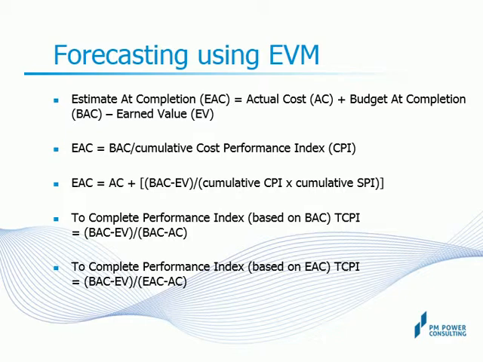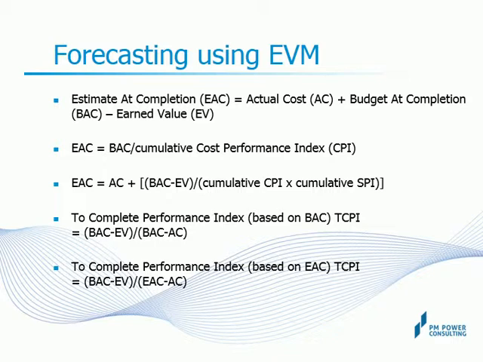Take the first forecasting option. This option implies that whatever has happened, that is actual cost till date, and whatever is the cumulative value of EV, the remainder of the work will progress at the rate originally envisaged.